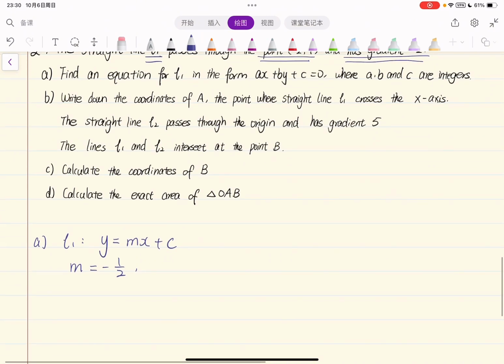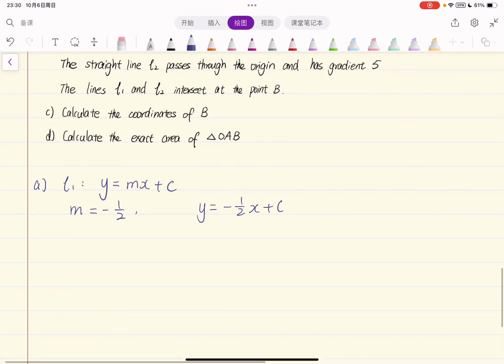We have y = -1/2 x + c, and substituting, we have 7 = -1/2 times -2 + c. This is because it passes through (-2, 7).